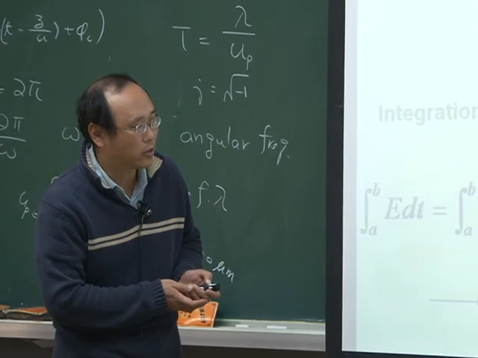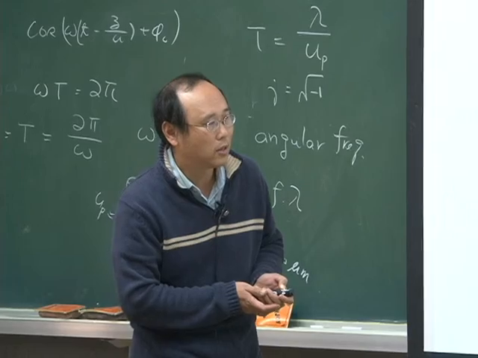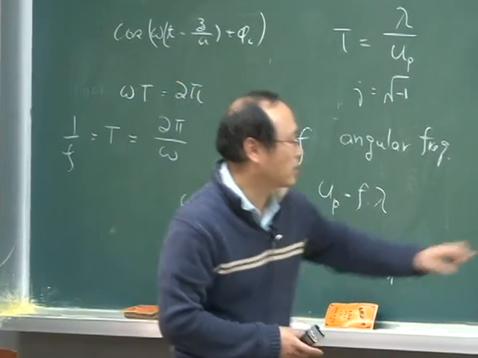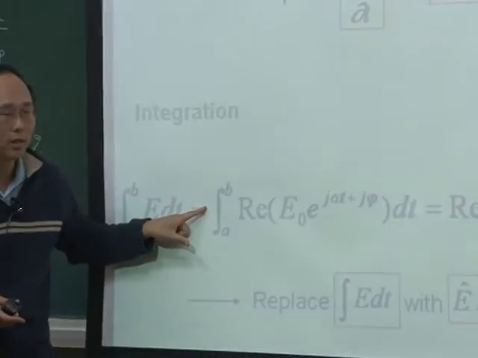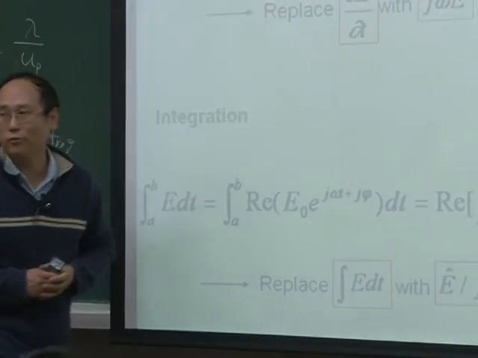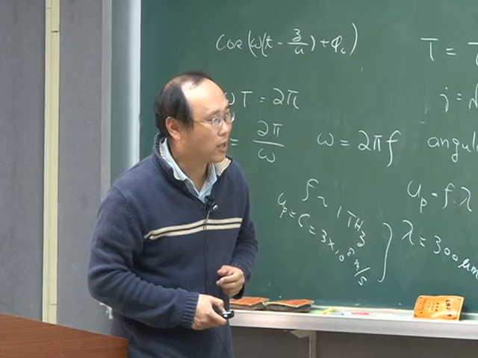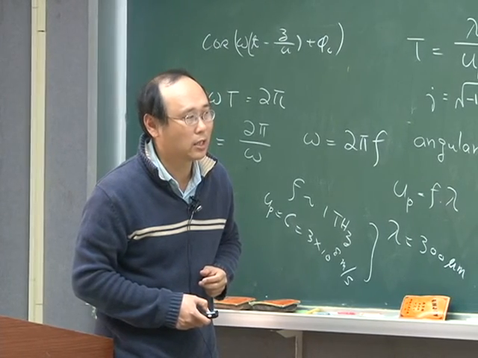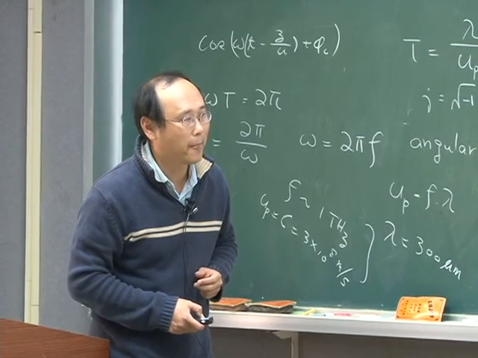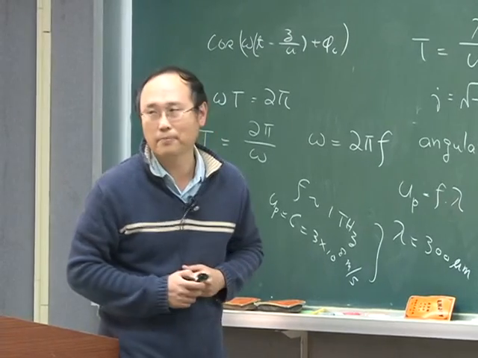And then this integration outside this parenthesis can be put into this parenthesis to do the complex integration first. And the only term related to the time is this exponential j omega t. So you end up having the phasor divided by j omega in this expression multiplied with the time harmonic term.